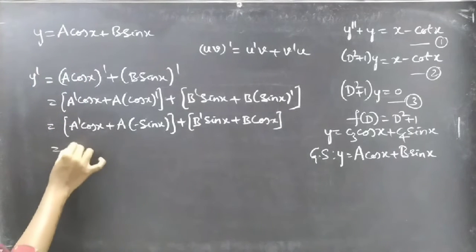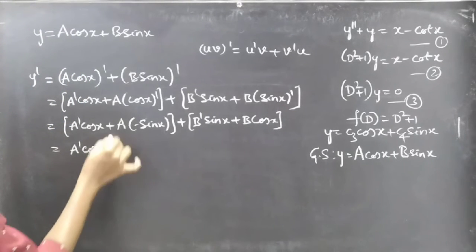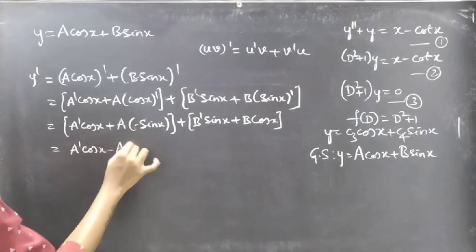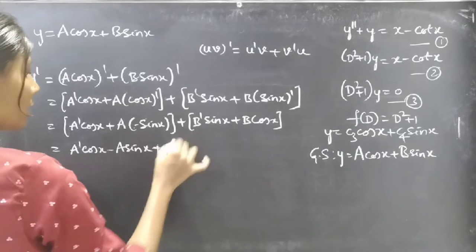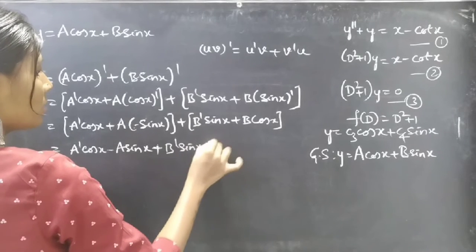This gives us a dash cos x plus a into minus sin x, that is minus a sin x, plus b dash sin x plus b cos x, right?